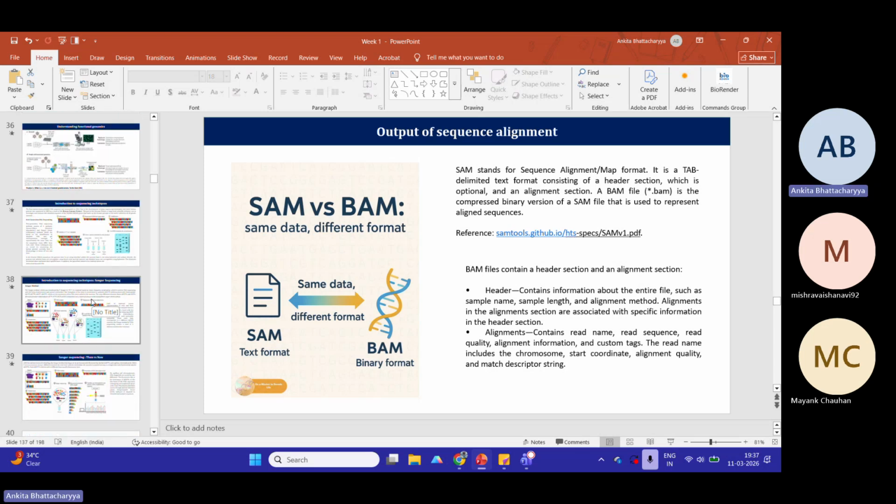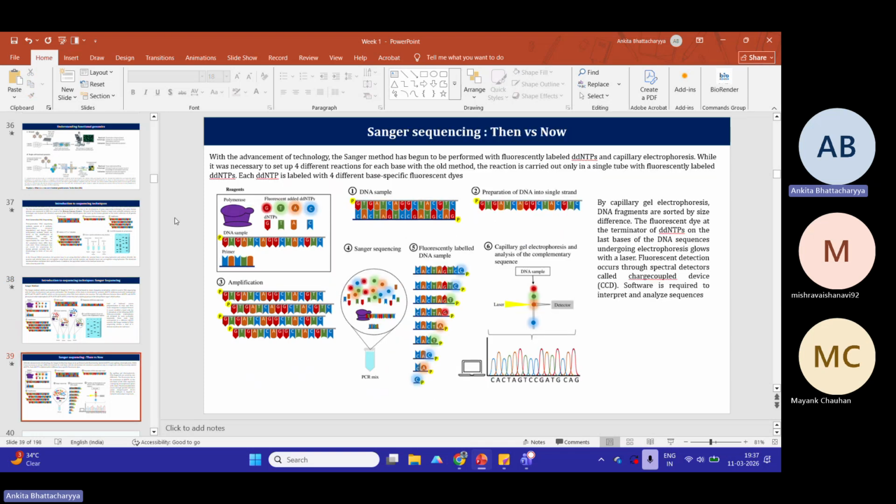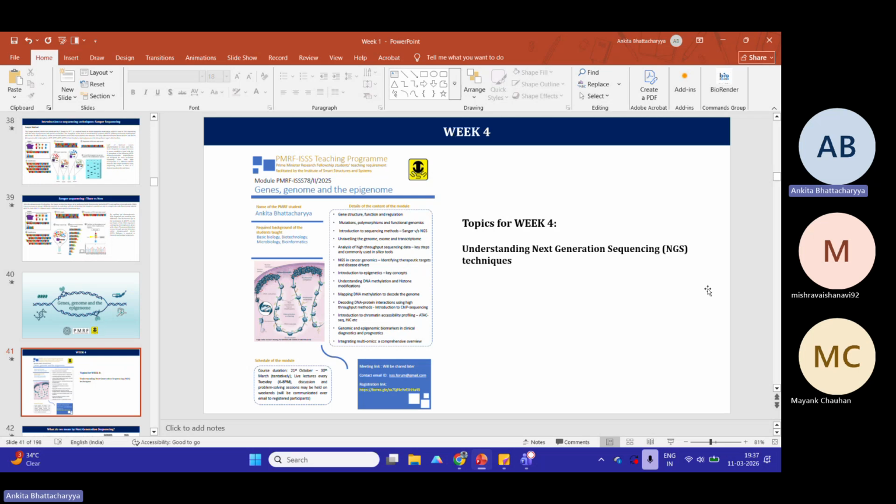This is where we had paused our discussion. I think in the first test, Sanger sequencing was the last topic that we had covered. From that point onwards, I want to carry out the discussion for the next exam. If you remember, we had begun our discussion on next generation sequencing techniques.